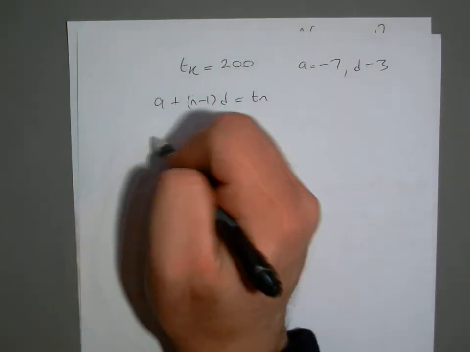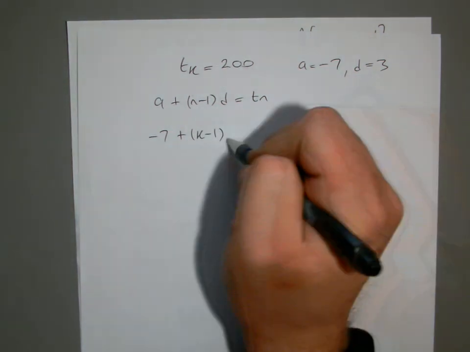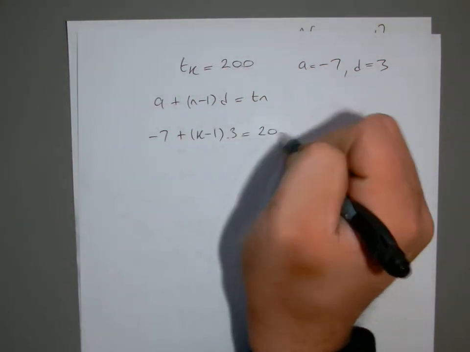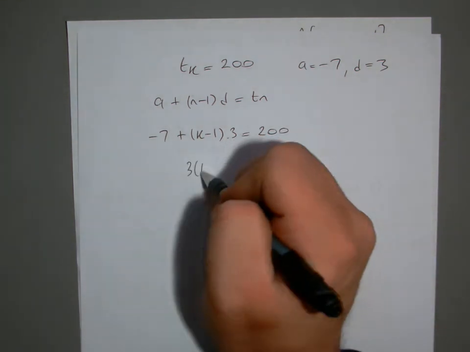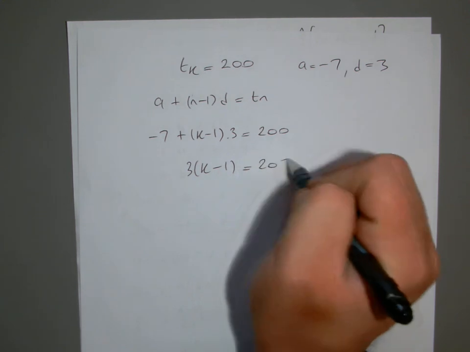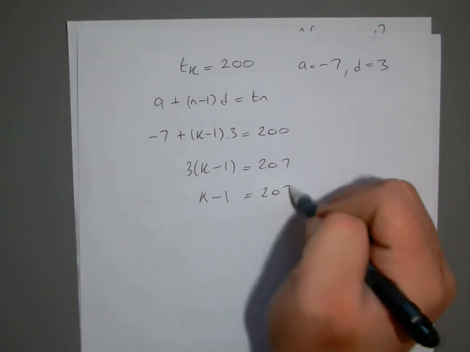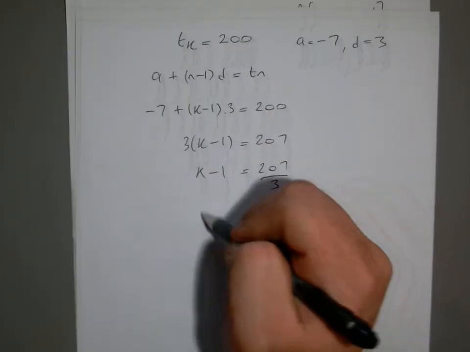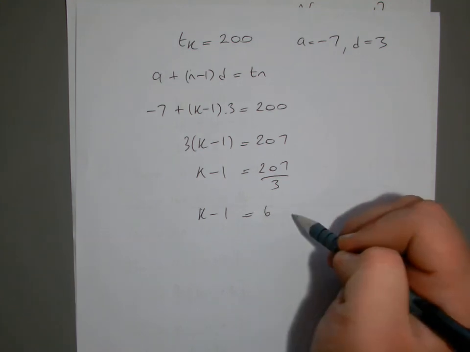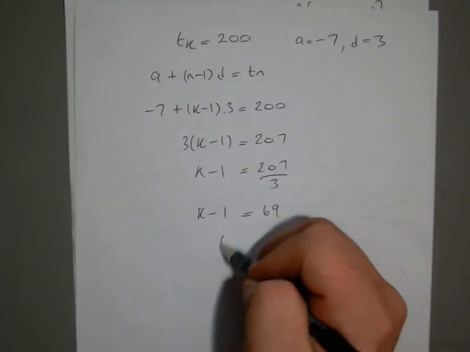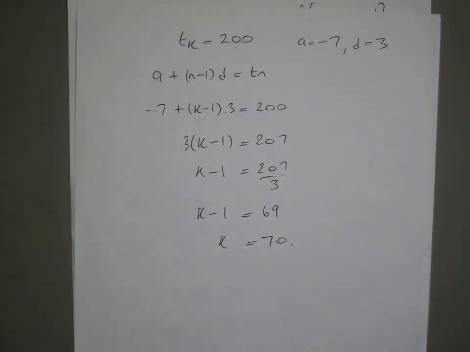So a, which is minus 7, plus the kth term, so (k minus 1) times the difference, which is 3, equals 200. Take the minus 7 over, so 3 times (k minus 1) is 207. k minus 1 then will be 207 divided by 3, so k minus 1 will be 69. So that means k will equal 70. You take that minus 1 over.